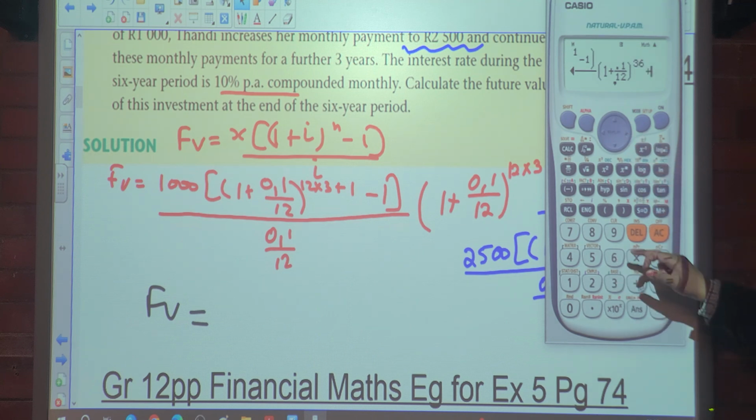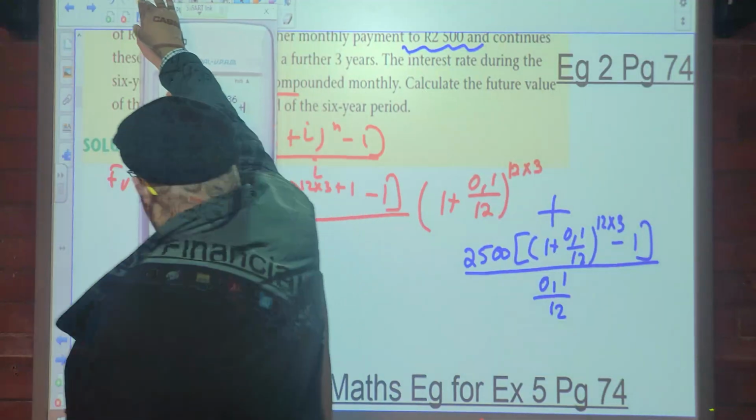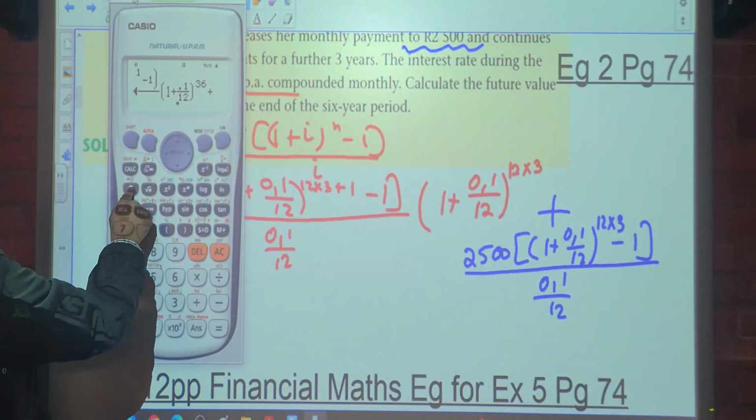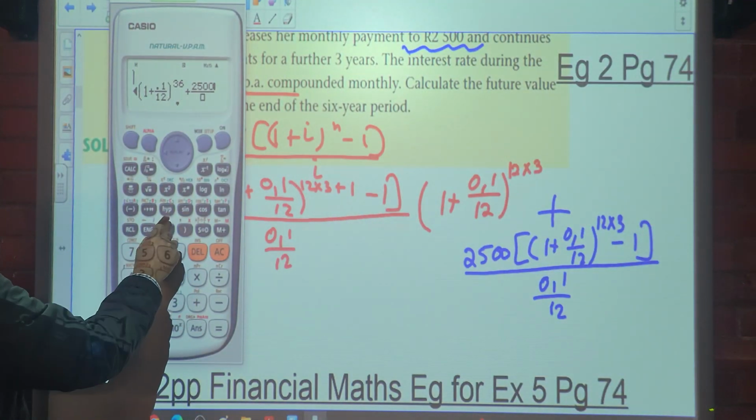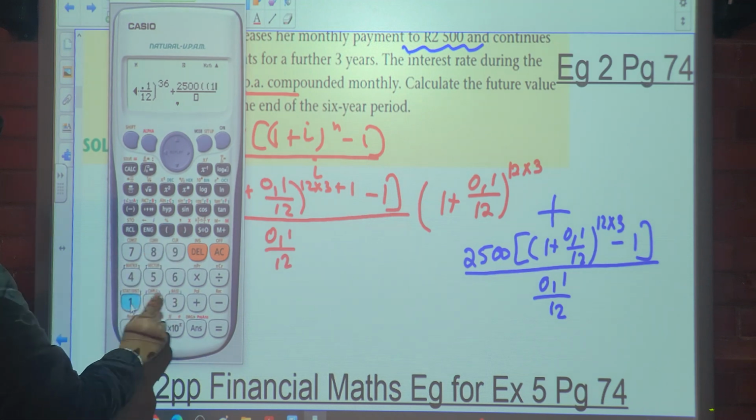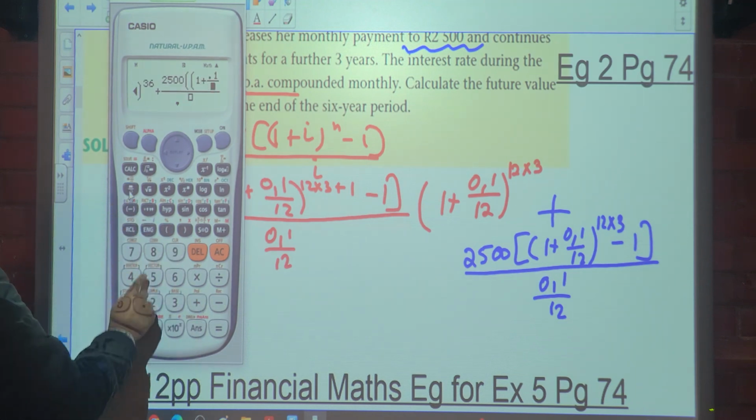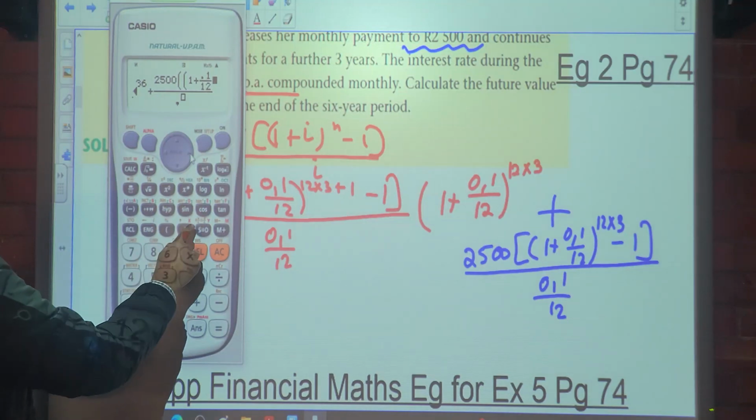Okay, plus again the fraction 2,500 into 1 plus 0.1 over 12 to the exponent.